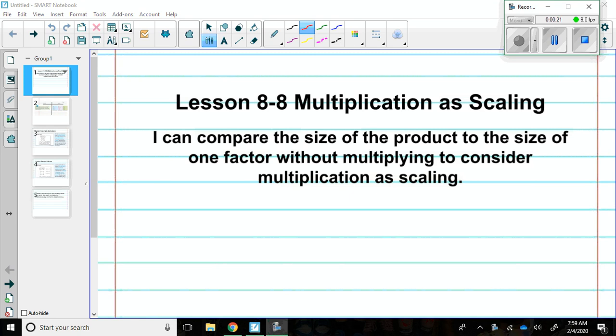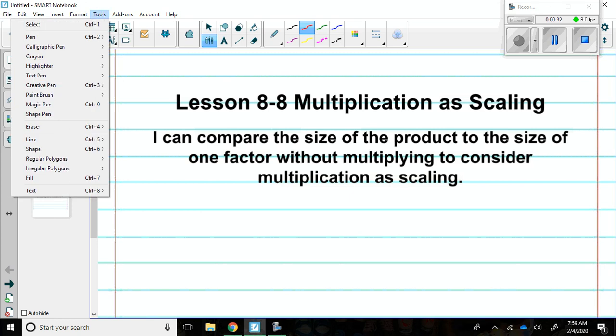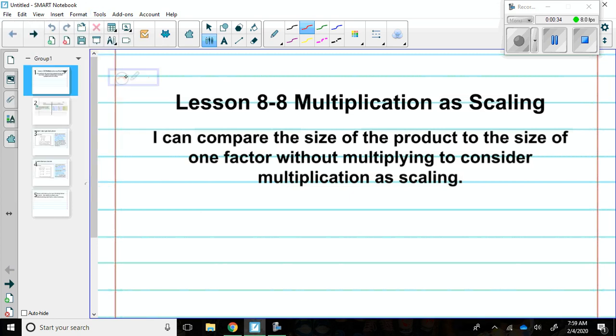Your I can statement is: I can compare the size of the product. If you want to remember, a product is the answer to a multiplication problem.